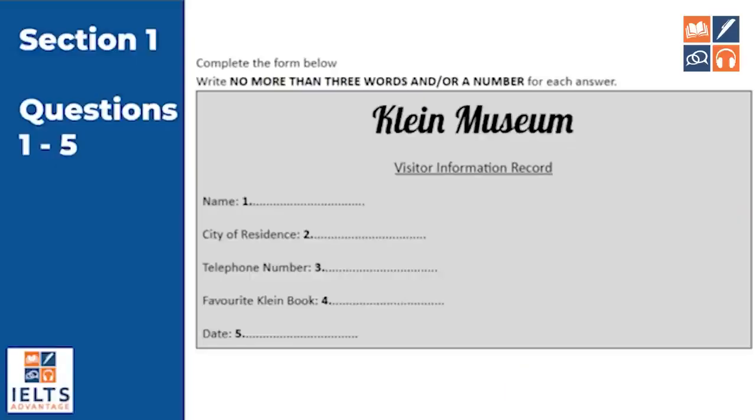IELTS Listening Part 1. Hello there, and welcome to the Klein Museum, which was the actual home of Mr. Klein and his family before he went on to be the famous author we all know him as today. Before we get started, there are some questions I'd like to ask you for our records. Would that be okay with you, sir? Yes, I'd be more than happy to help out. That's great, thank you. First of all, what's your name?